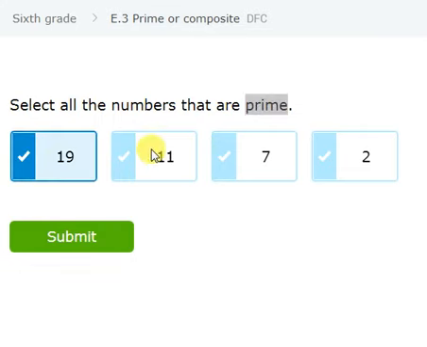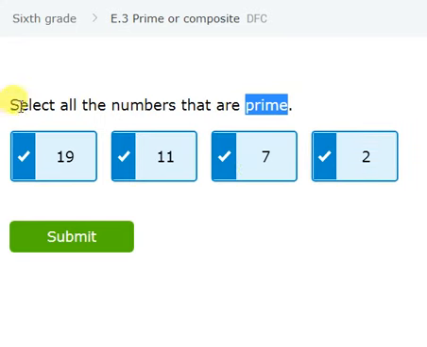Now moving to the second one. Applying the divisibility of 2, it is not a multiple of 2. It is not a multiple of 3 either, and it is not a multiple of 5 as well. So again, this is also a prime number, right? If you look at all of these numbers, they are not multiples of any number except 1 and themselves.